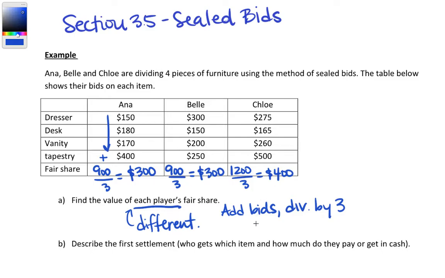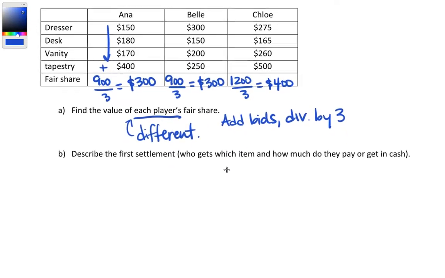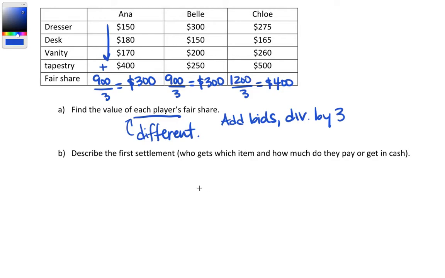Okay, now let's describe the first settlement. So we want to know who gets which item and how much they pay in cash. What is going to happen here is we're assuming they get their fair share, and then we're going to subtract off the bid on any items they get.